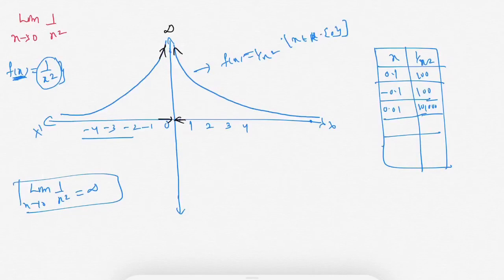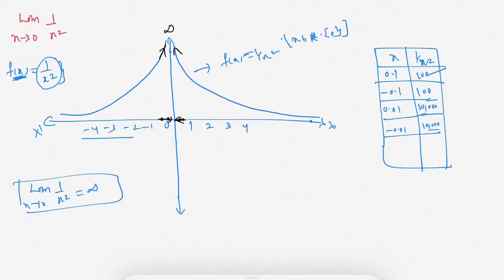If I take minus 0.01, 1 by minus 0.01 whole square I will also get 10,000. Which means for 0.1 here, minus 0.1 will be here. If 0.01 is here, minus 0.01 will be here.